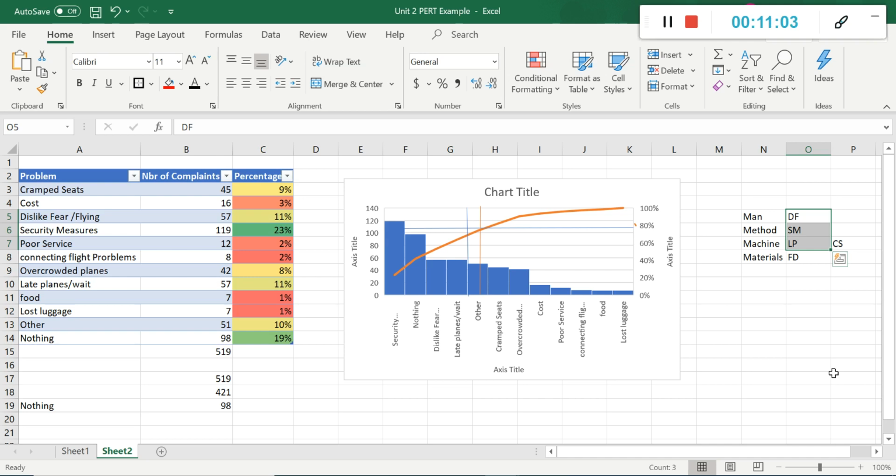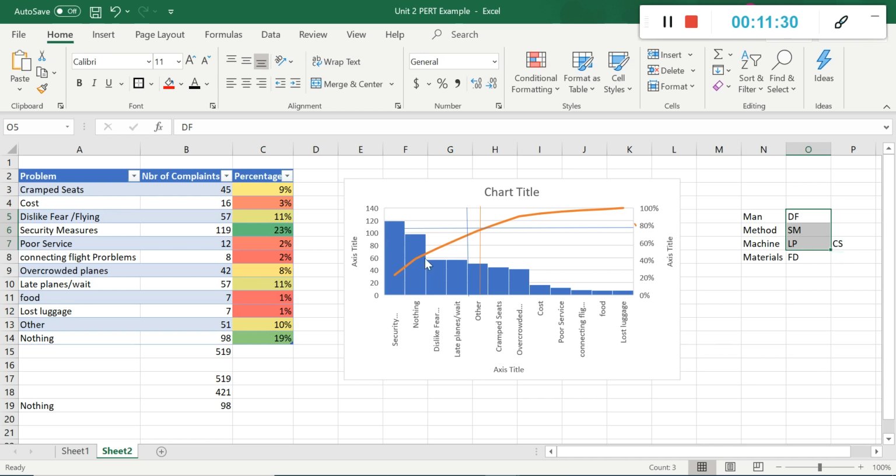And then for the dislike or fear of flying, if they complain about that, then I have to perhaps have a video that teaches the consumer how nothing is going to happen. Maybe we show some graphs before the plane flies that show that there's no problem in flying. So here we have it like this.